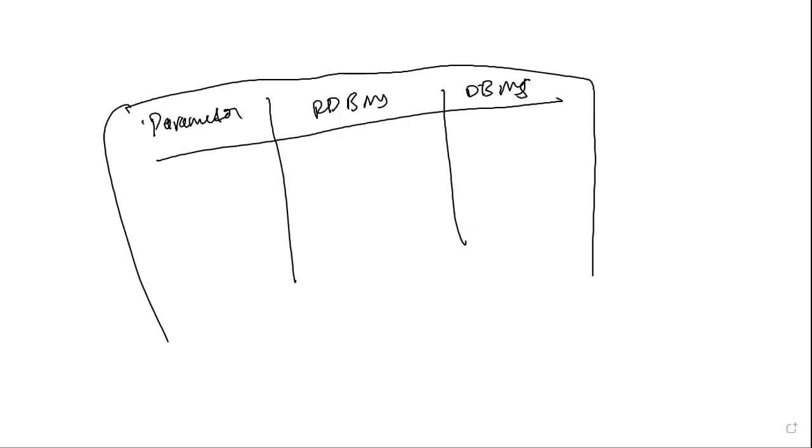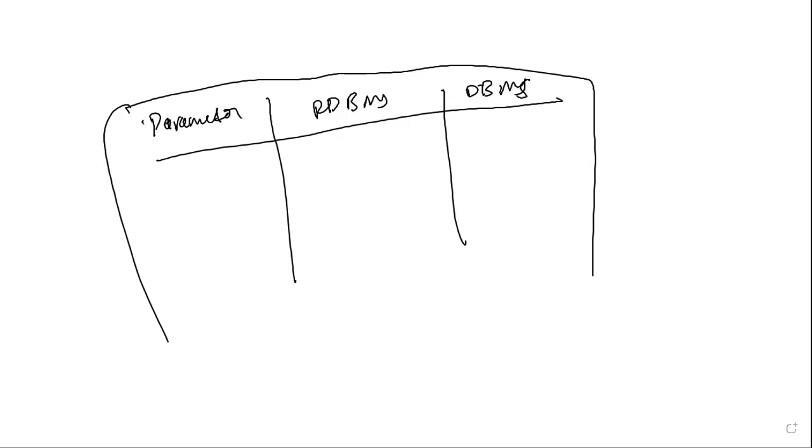First RDBMS. Write down: data stored in tabular format.